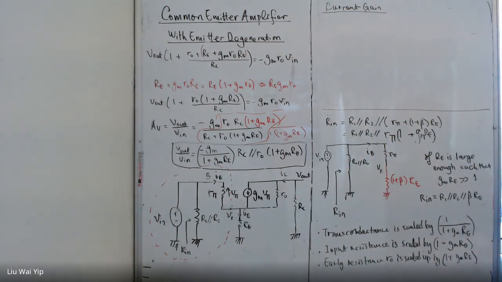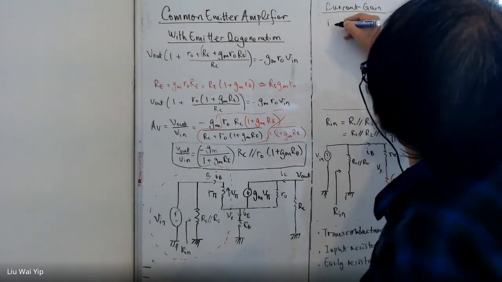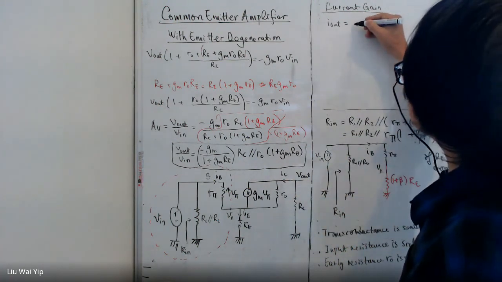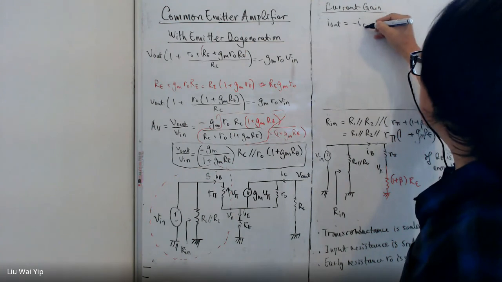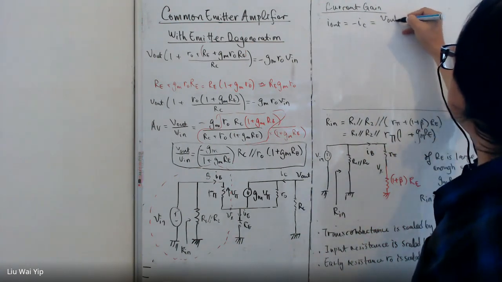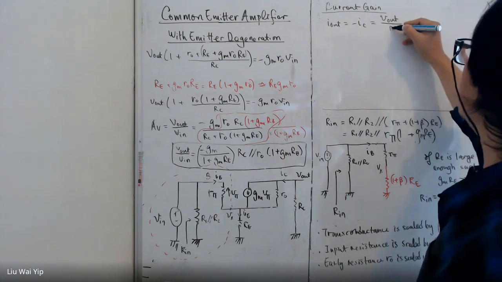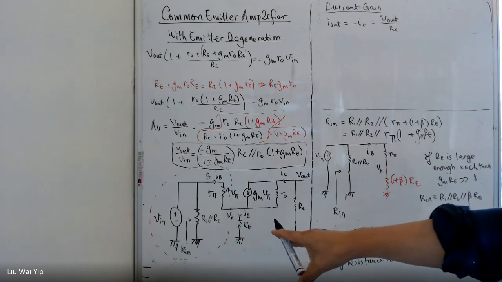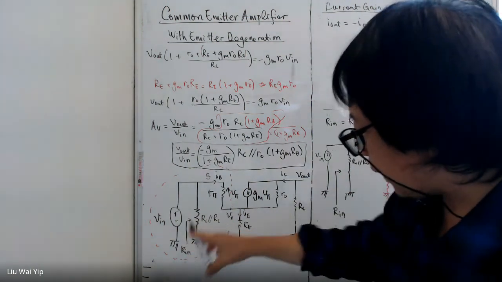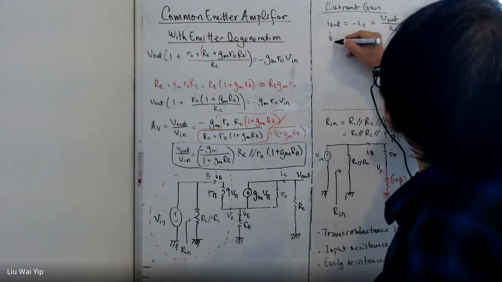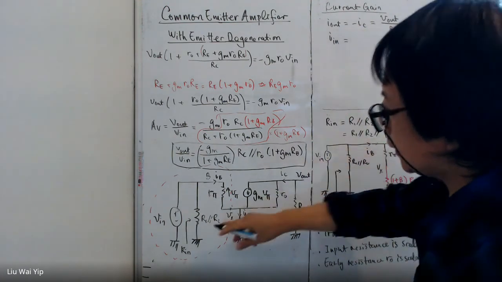The current gain, where Iout is equal to IC, precisely, so it is Vo divided by RC. And against the input current, which is the input voltage divided by the input resistance.